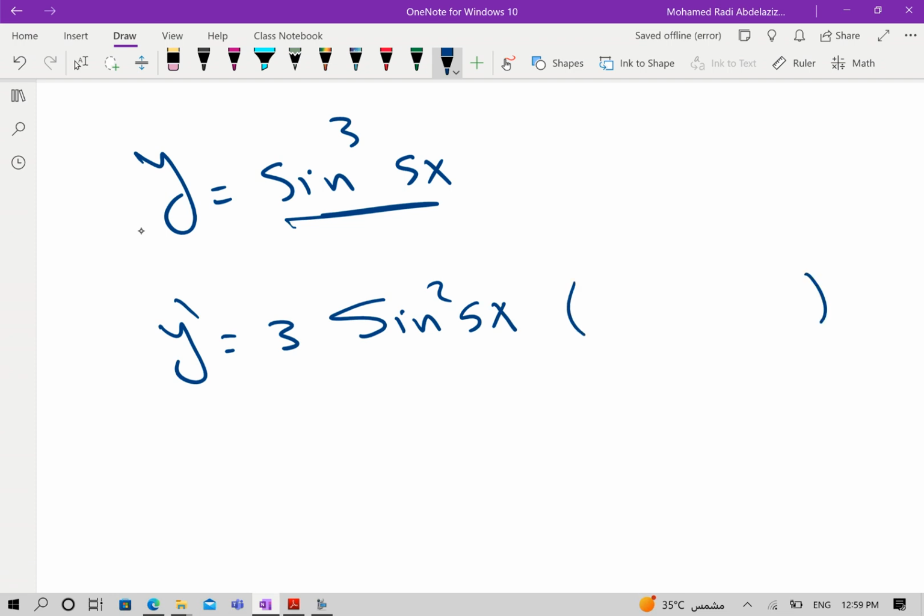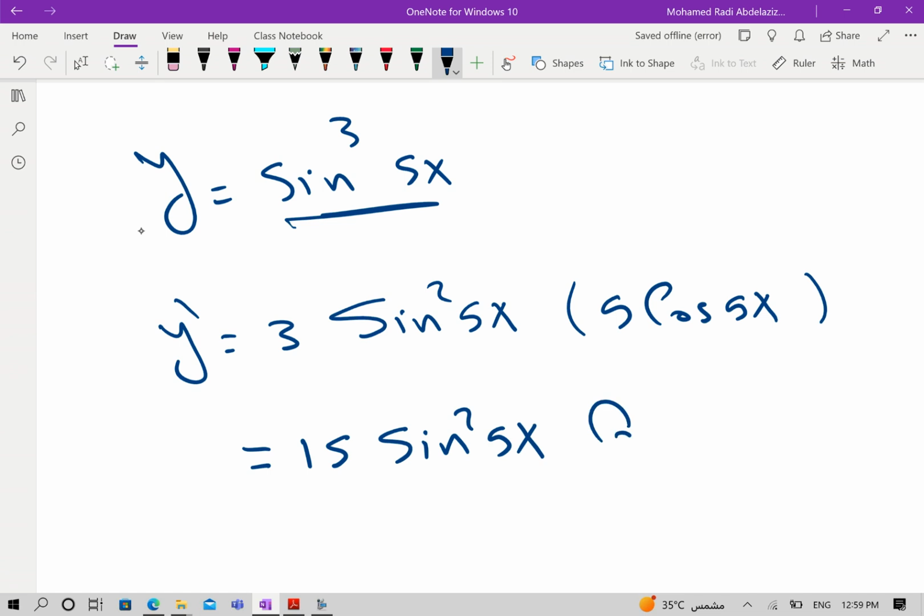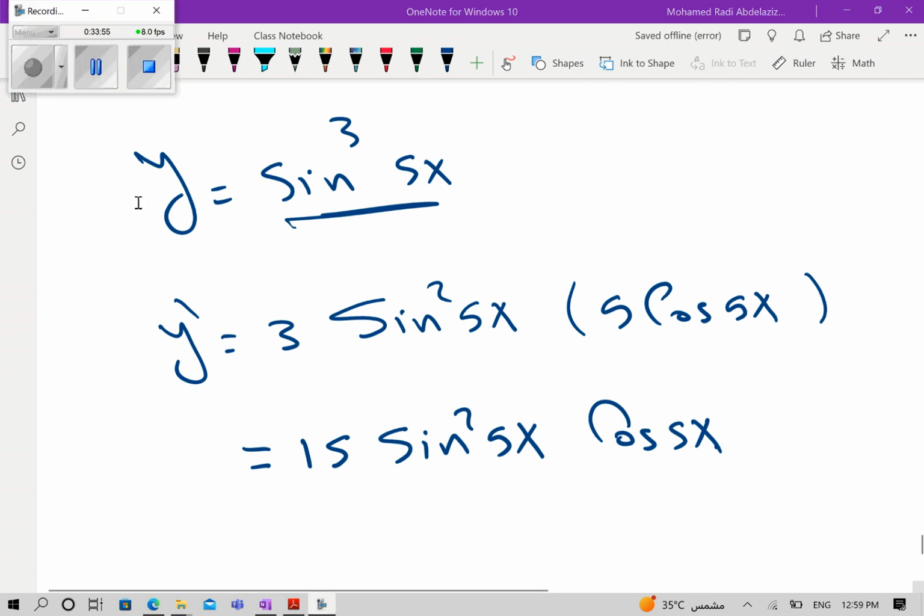Then, how to differentiate sine 5x? Differentiation of sine is cosine, correct. Don't forget 5. So the final answer simplified will be 15 sine squared 5x multiplied by cosine 5x.